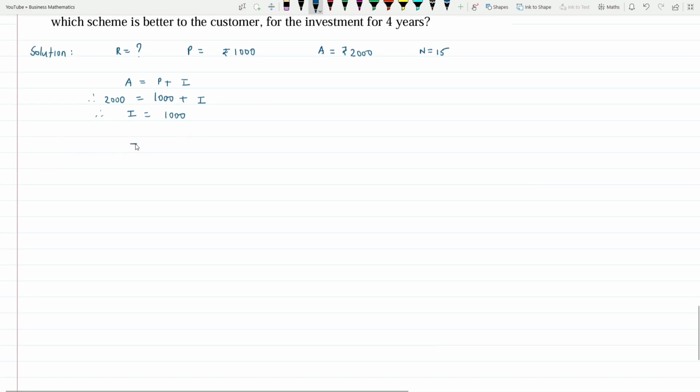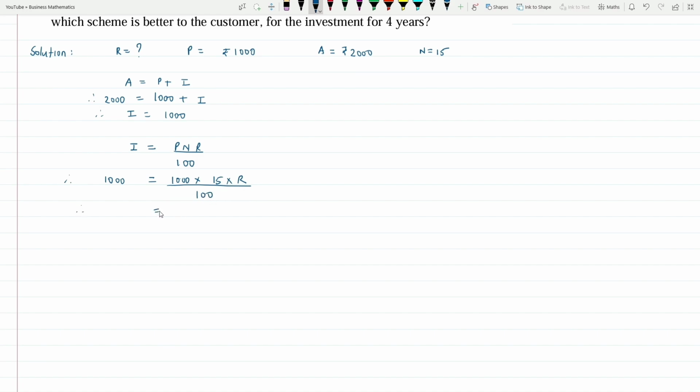We also know that in simple interest, the formula for interest is PNR upon 100. Let us substitute all the known values. I is 1000, P is 1000, multiplied by N, that is 15, multiplied by R, which we need to compute, divided by 100.